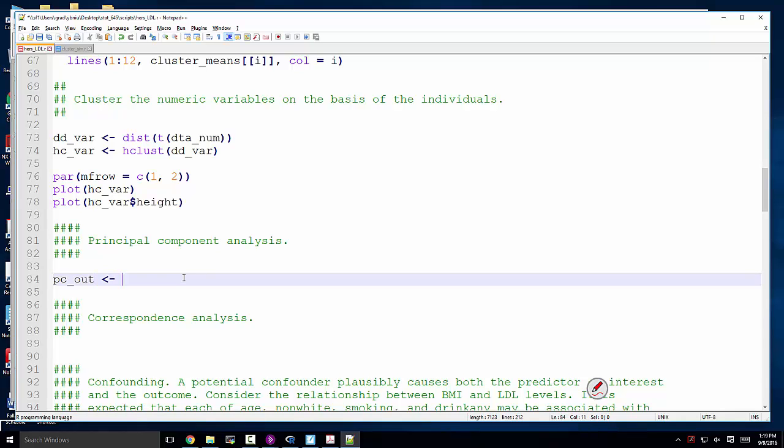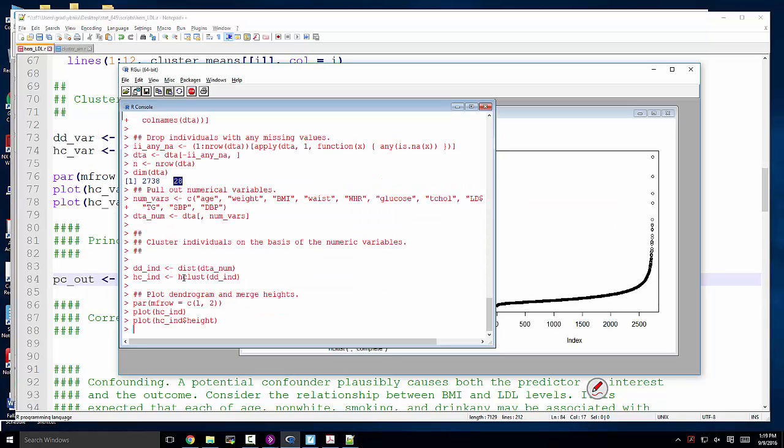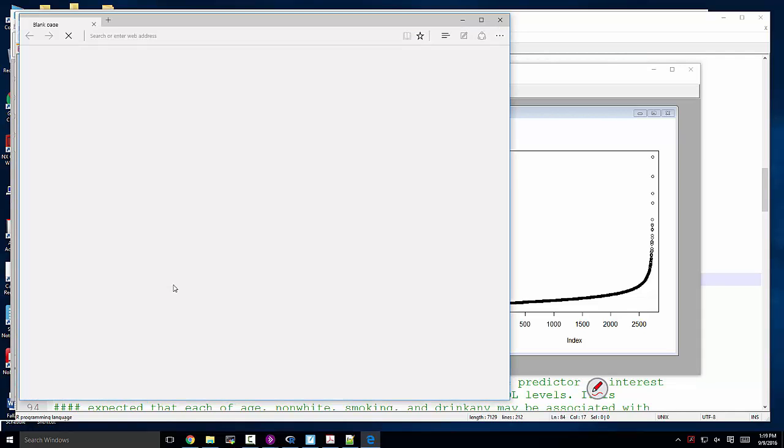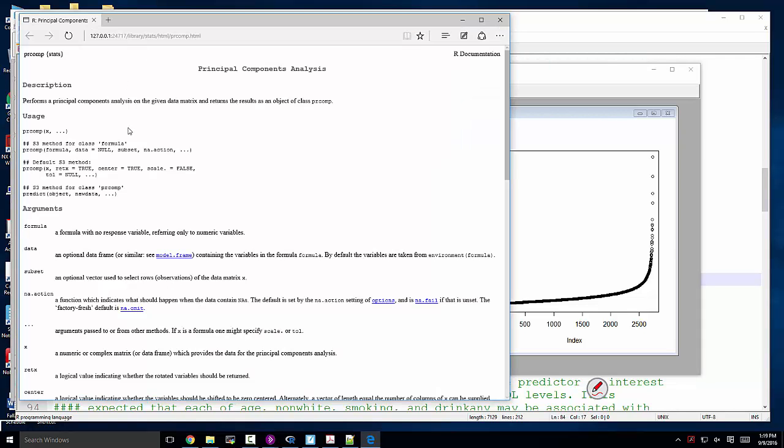There's multiple ways to do this. I'm asking you in the homework to use prcomp. So let's come over to R and check out prcomp. Question mark prcomp. Performs principal component analysis on a data matrix.